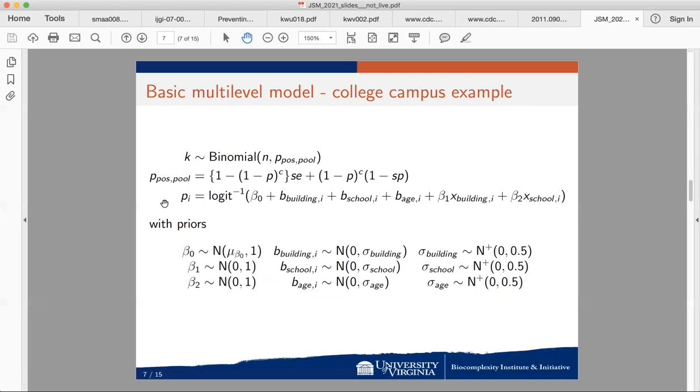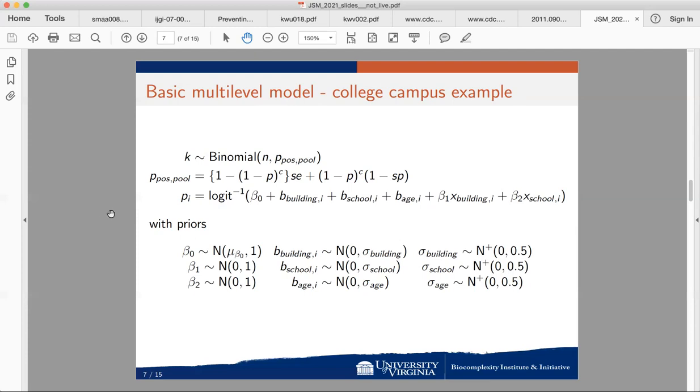And here we assume that the prevalence is given by an inverse logit function involving beta naught, the intercept, random intercepts for the building, the school, and the age, as well as covariates at the geographic level for building and school.